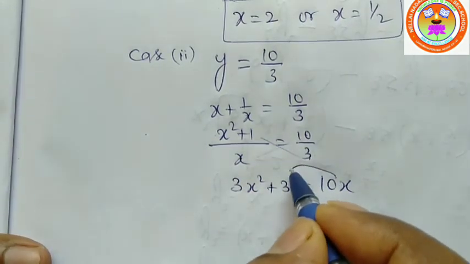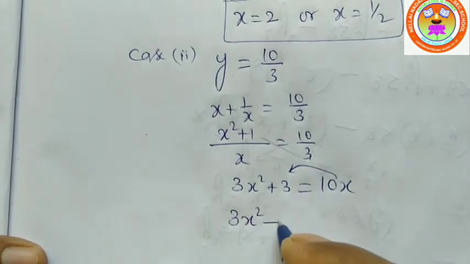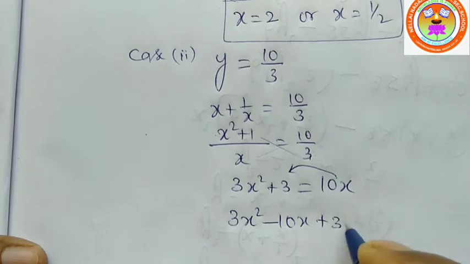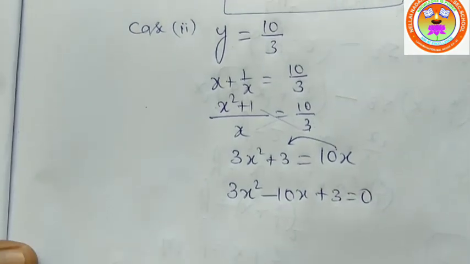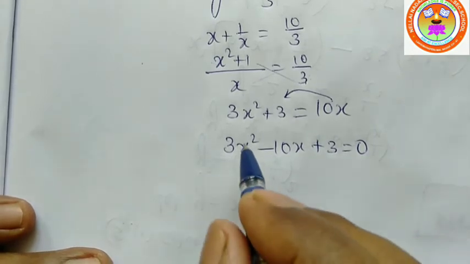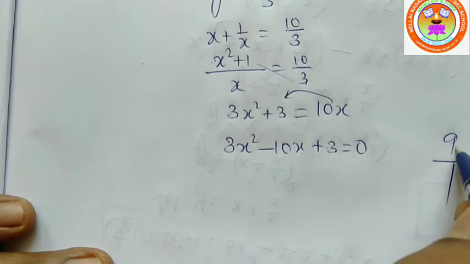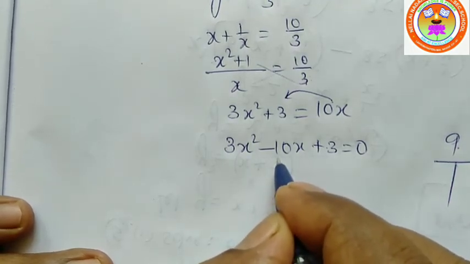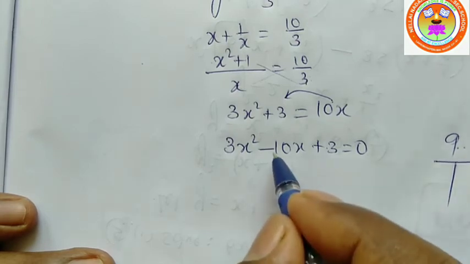Bring 10x into the left hand side. So we will get 3x square minus 10x plus 3 is equal to 0. So we obtain one quadratic equation. Again solve this equation. 3 3s are 9. So product 9, sum minus 10. Find two numbers whose product is 9 and whose sum is minus 10.